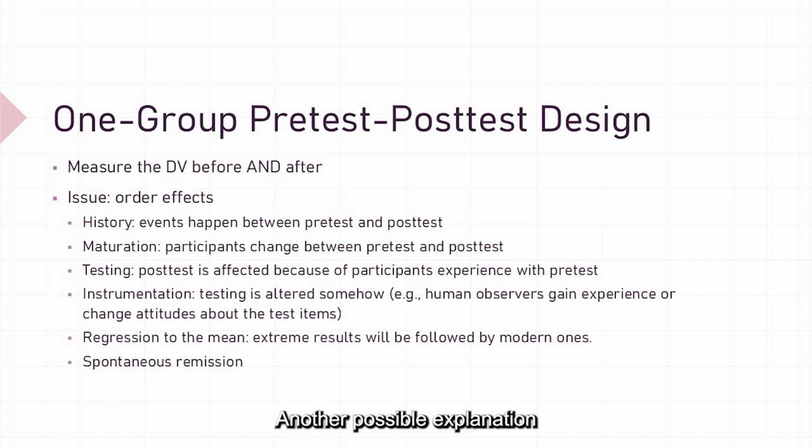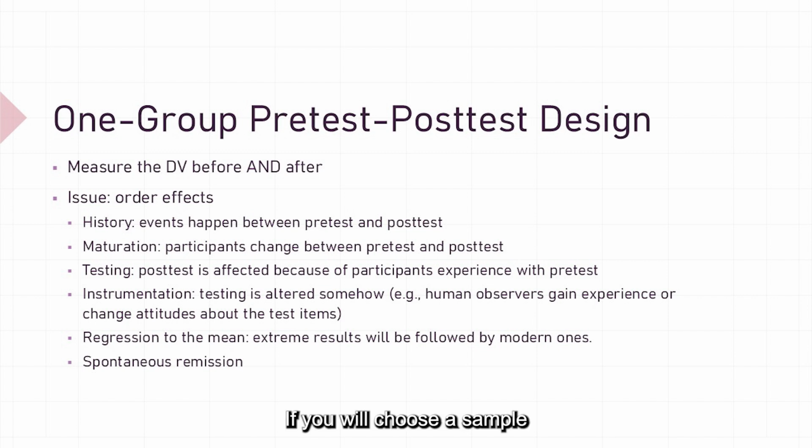Another possible explanation for the change in the dependent variable is called regression to the mean. Regression to the mean is a statistical phenomenon where if the results are scored extreme by chance on the first measurement, the next score will be closer to the mean.